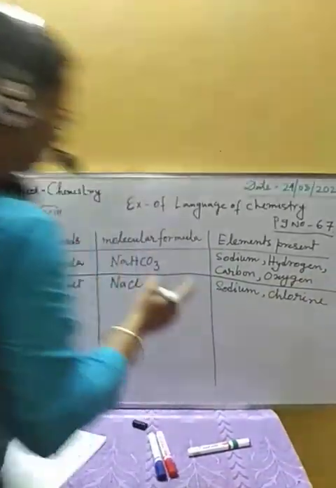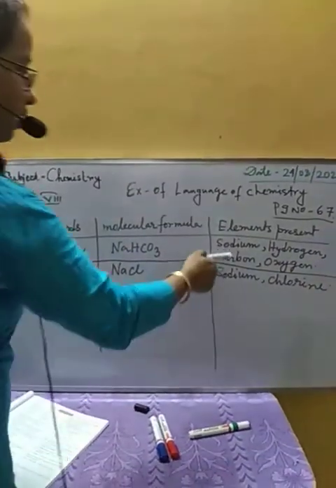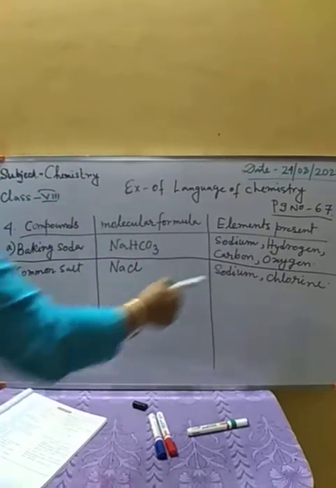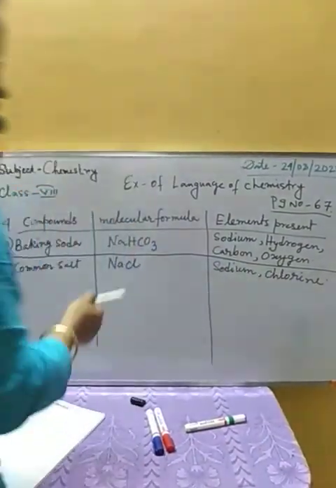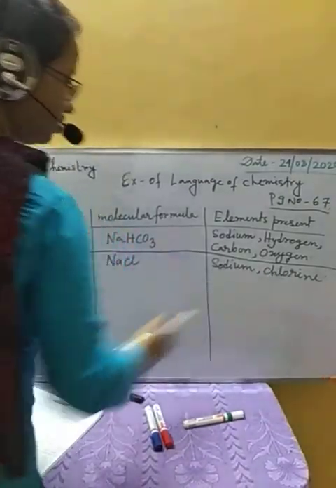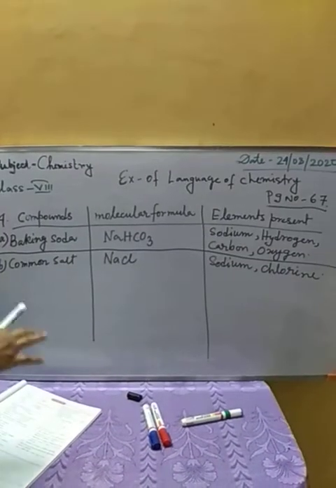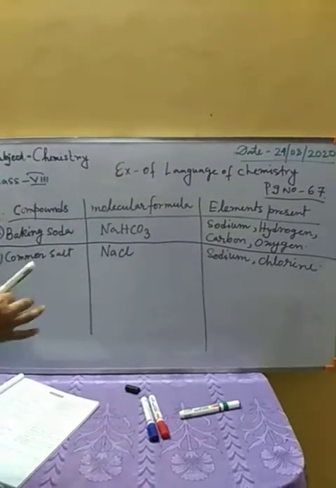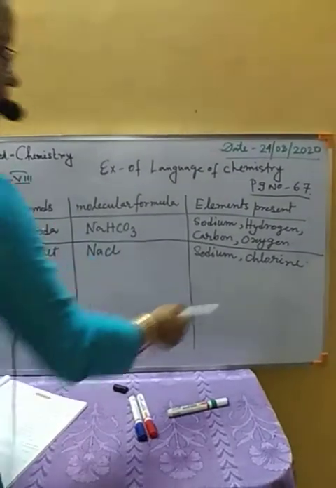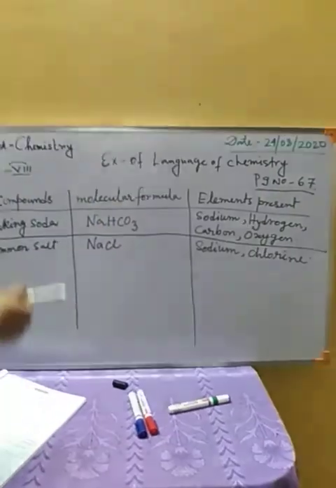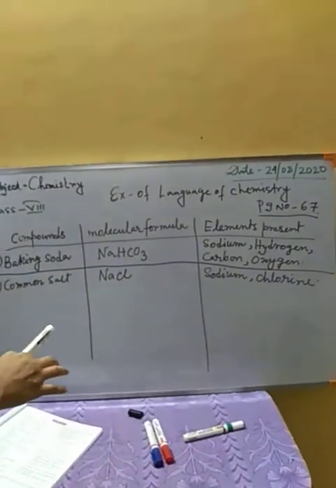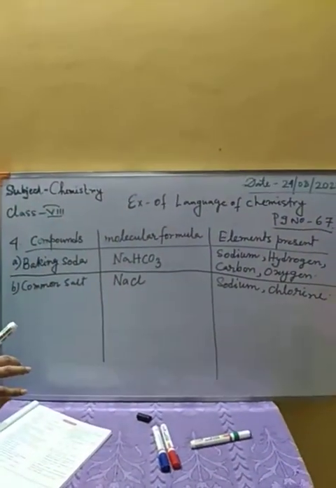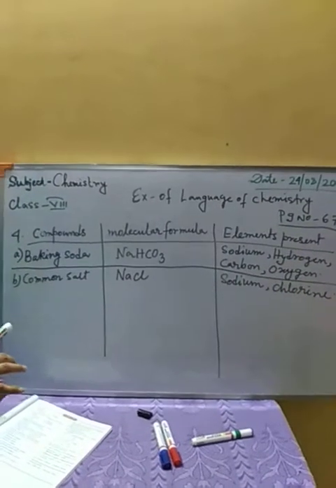So here one thing you remember: when we are writing the elements present, as we have written chlorine, you cannot write chloride. Chloride is the name of the radical, but the element present will be chlorine. Chlorine is the name of the element, so we are not writing the name of the radical, we are writing the name of the element present, so chlorine.